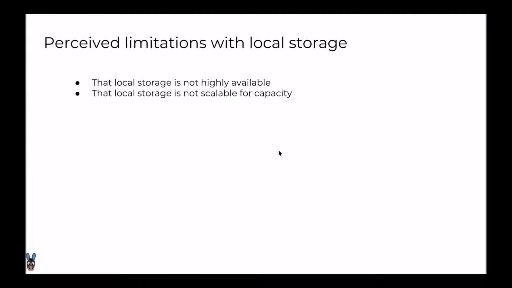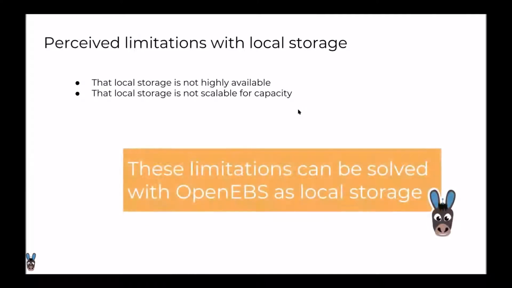And another problem is, okay, you're writing metrics and you're running out of capacity. So how are you going to add capacity to the local storage on the fly? That's another perceived limitation. So these limitations, both of them, are solved by OpenEBS.